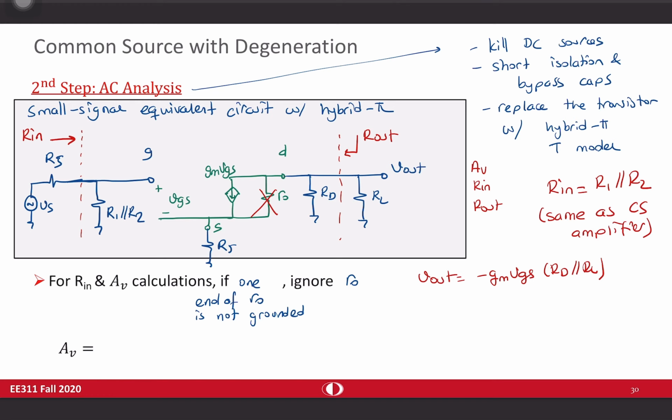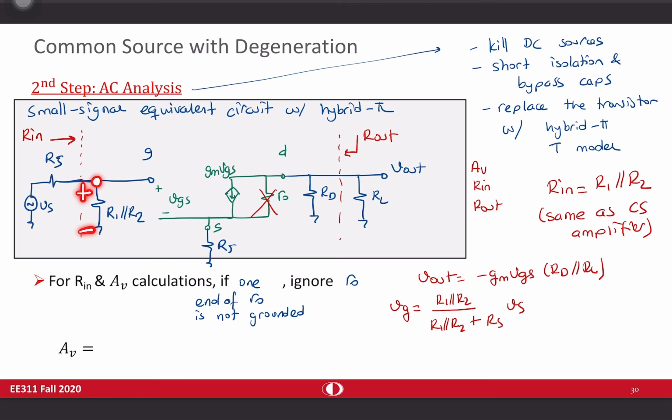Now I need to find VGS. VG is equal to R1 in parallel with R2 divided by R1 in parallel with R2 plus RS, times Vs. Why? Because I have a resistive voltage division in here.